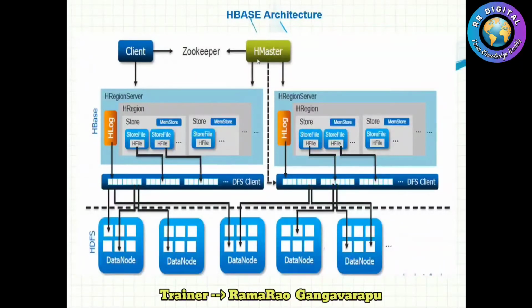To connect with the HMaster, Zookeeper is basically a mediator between your client and the HMaster. Also, Zookeeper always tracks the HMaster and the HRegion servers, checking whether both are active and running. These kinds of monitoring activities Zookeeper generally takes care of. Whenever a request comes from the client, Zookeeper accepts that request and passes it to the HMaster.